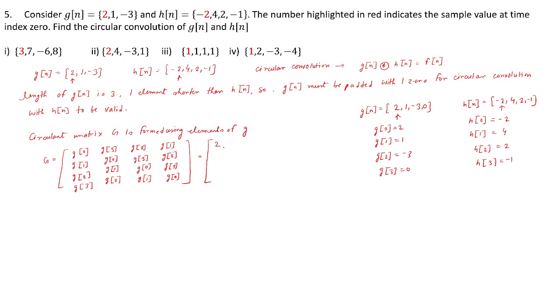G0 being 2, 1, -3, 0, then 0 comes here, 2, 1, -3, then -3 comes here, 0, 2, 1.